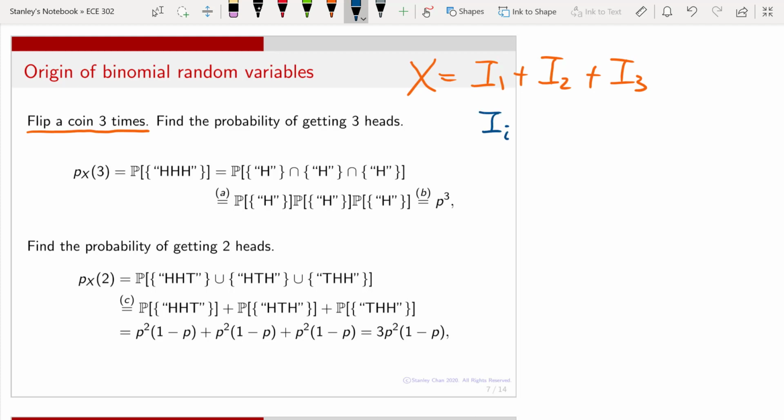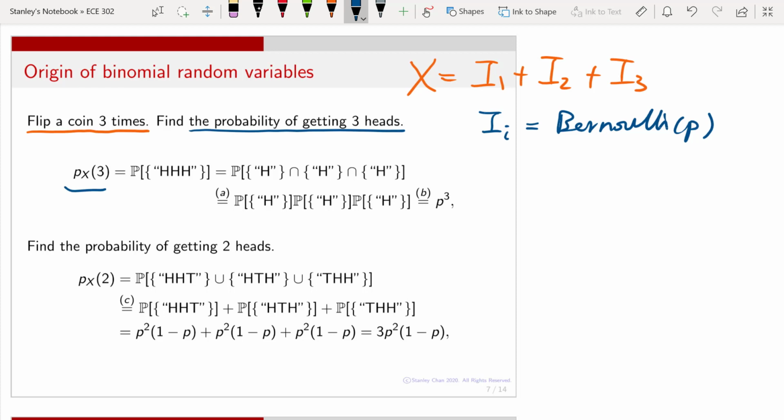So this I is Bernoulli with probability p. And so the total number of coin flips is 3. And we ask, what is the probability of getting 3 heads? Essentially we're asking, what is the probability mass of this random variable x when it is evaluated at 3?